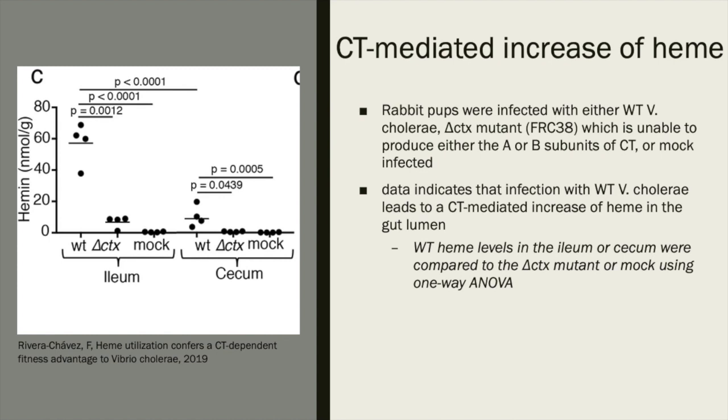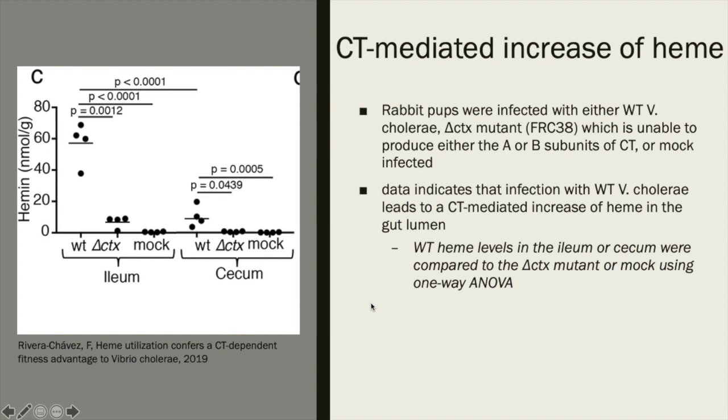The mutant was unable to produce either A or B subunits of cholera toxin. This means that the rabbit pup that was infected with the mutant wouldn't show the same symptoms that a wild type infected rabbit pup would show, which is the regular symptoms of cholera.